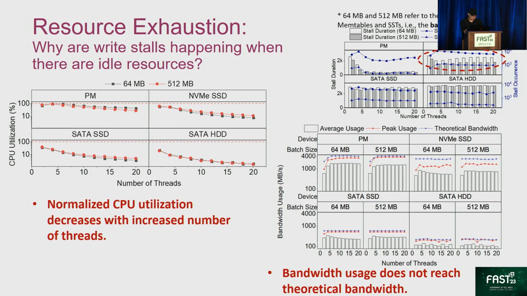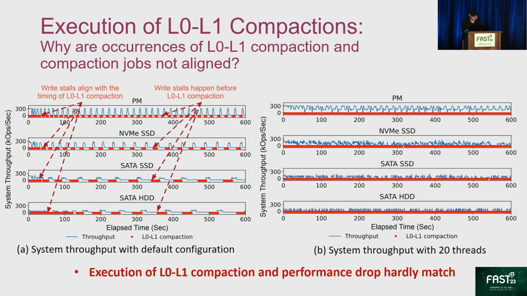However, we observe an obviously decreasing CPU utilization here. And there are huge gaps between the average bandwidth and peak bandwidth and the theoretical values of the NVMe SSD. Prior studies also think the execution of level 0, level 1 compaction is the cause of write stalls, as they observe that the occurrence of write stalls, behaving as performance drops, aligns with the execution of level 0, level 1 compaction, as shown by the left arrows in figure A. However, this is still partially true, as the alignment soon disappears after running for a while.